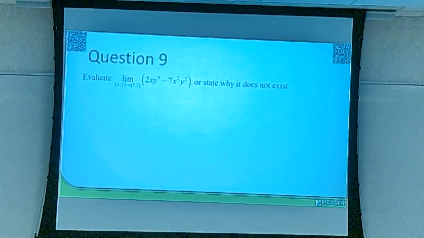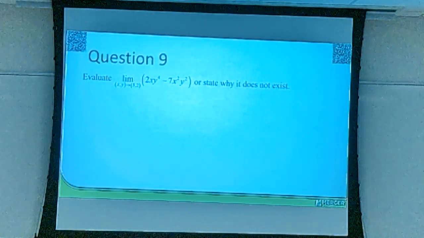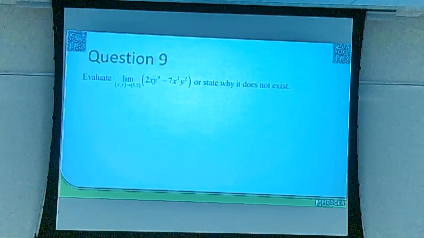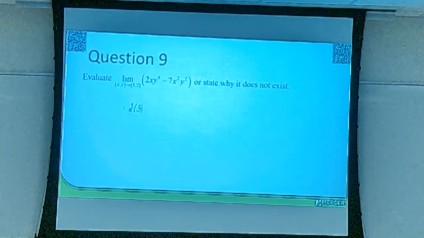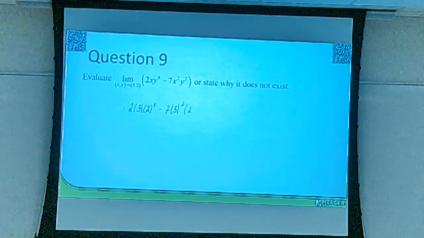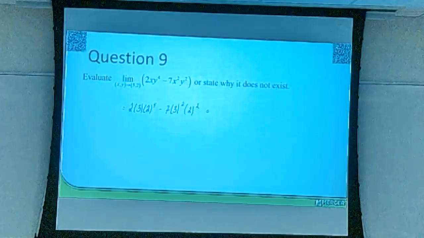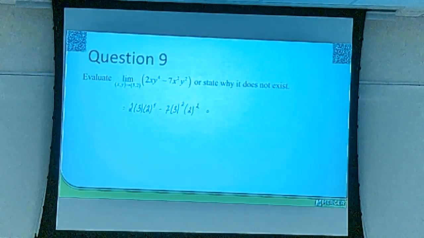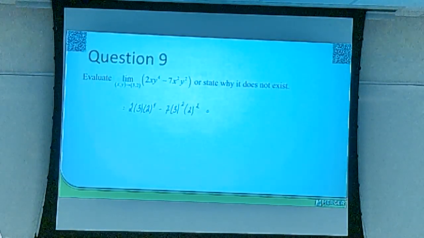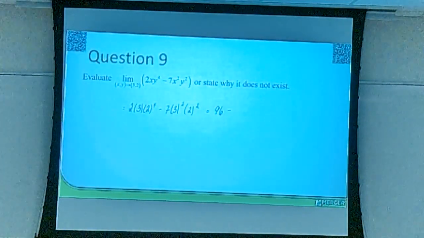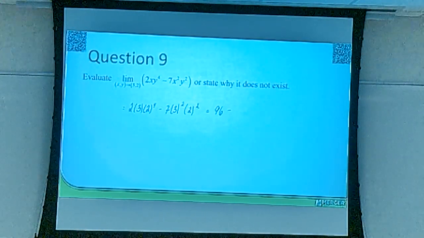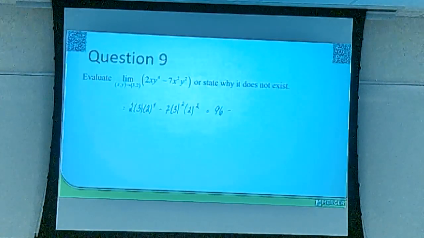Well, why not just try straight substitution? See if that gets us somewhere. Two to the fourth times two to the fifth. Times three. So 3 squared is 9 times 7, 63.